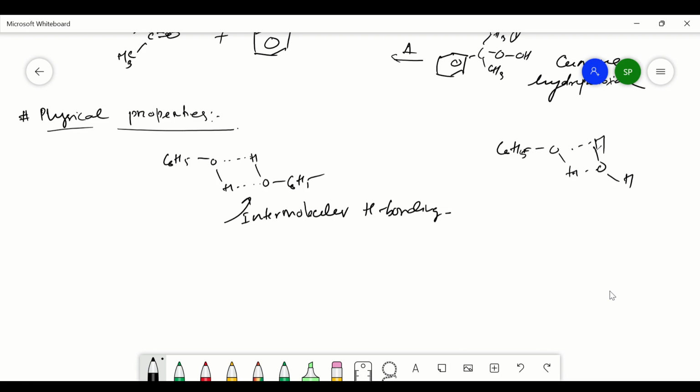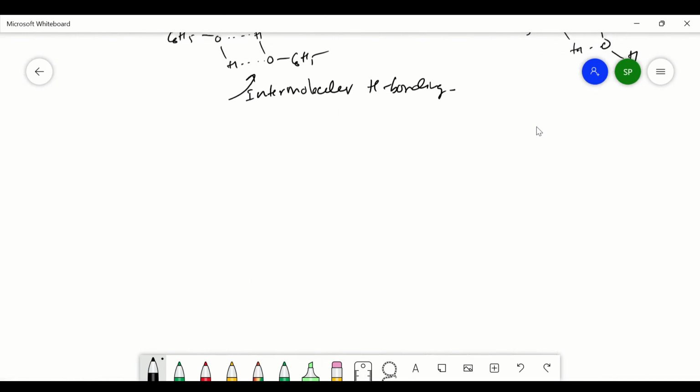Okay. Next, in the chemical properties, we see the acidic nature of phenol. We see phenol is acidic in nature.